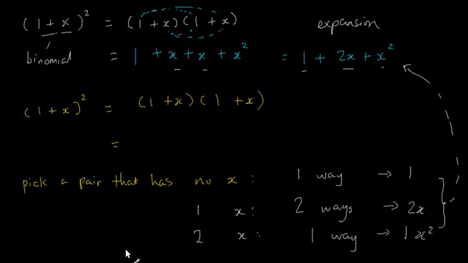Let me continue with the idea of finding a faster way of doing this expansion. Now that we have seen how we can do it for the power of 2, let me try it for the power of 3.